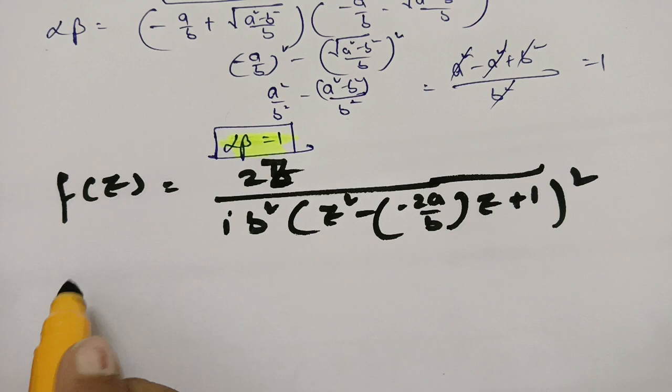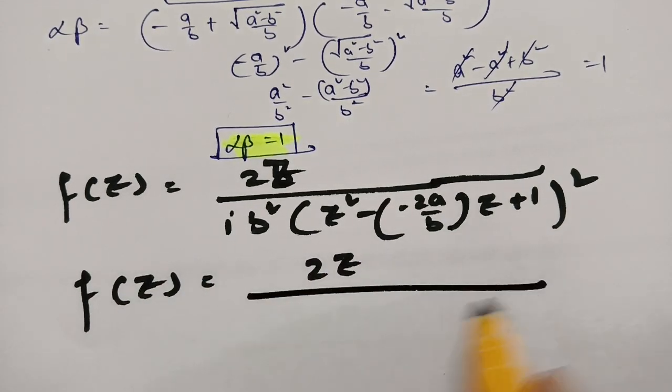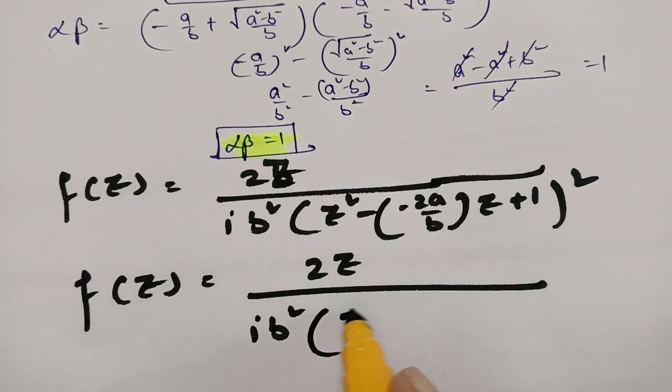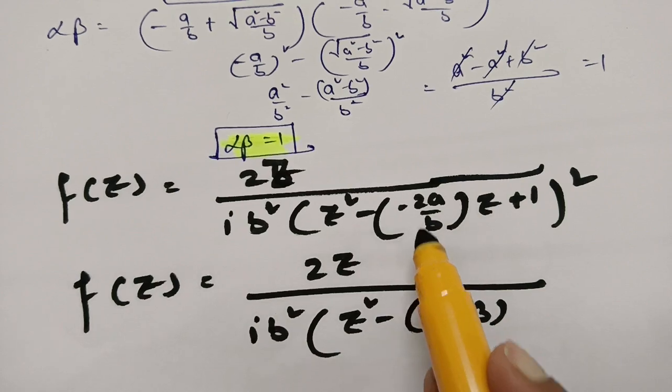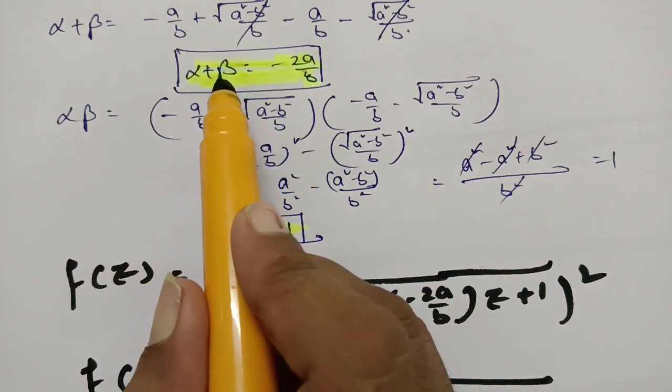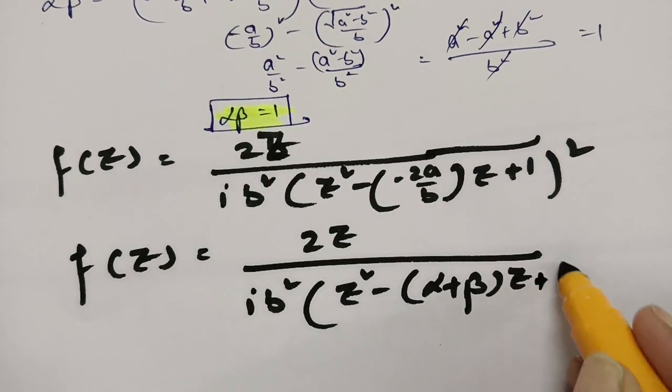So f of z is equal to 2z by i into b square into (z square minus (alpha plus beta) into z plus alpha beta) whole square.